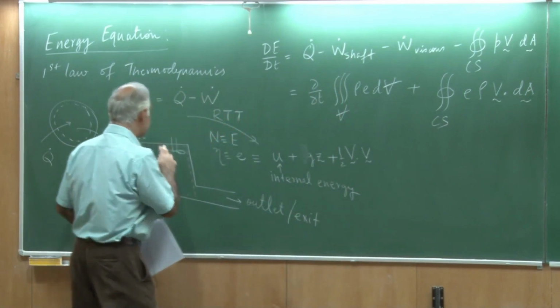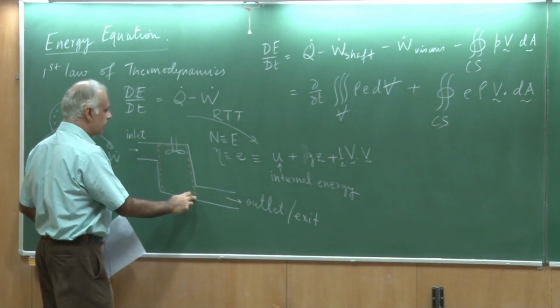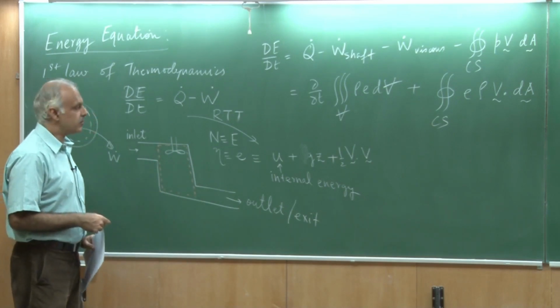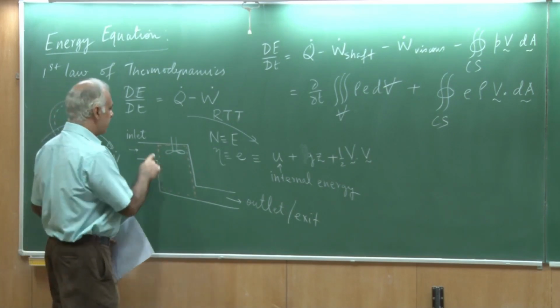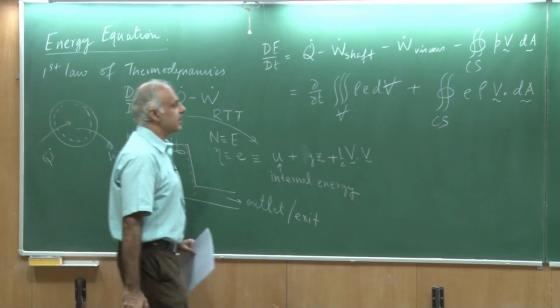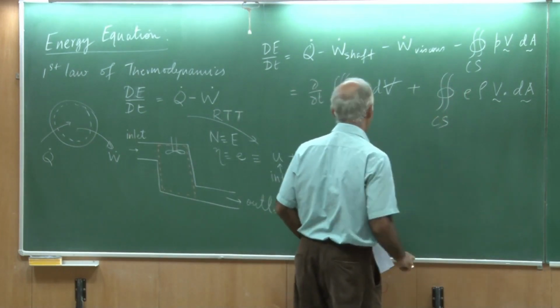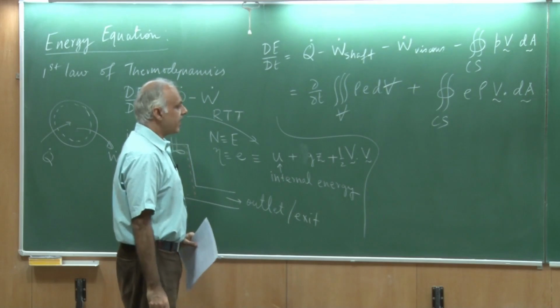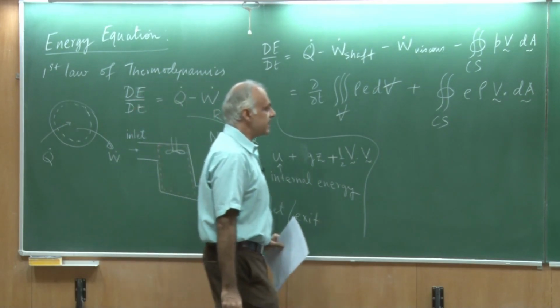Then there could be some viscous work both at the boundaries and of course at stationary walls, which we said do not contribute, and then the pressure essentially at the inlet and the exit ports, which is accounted for here.